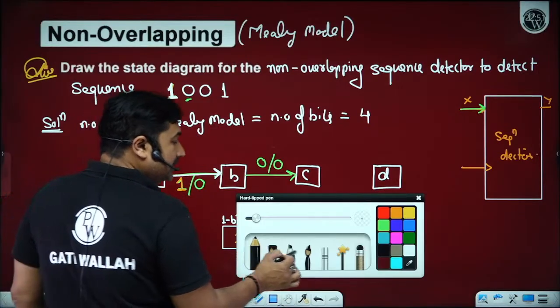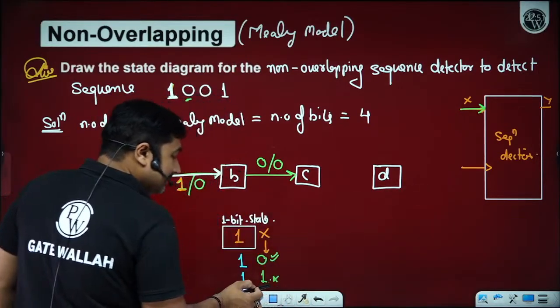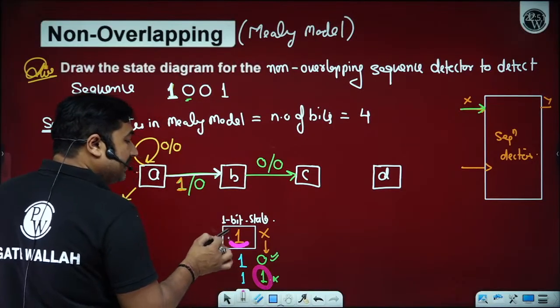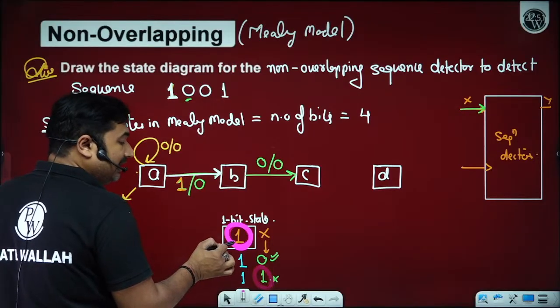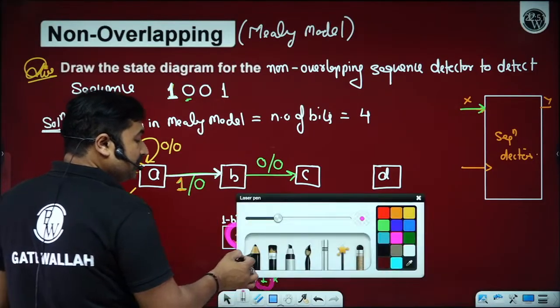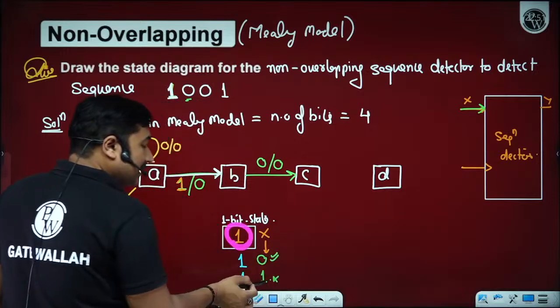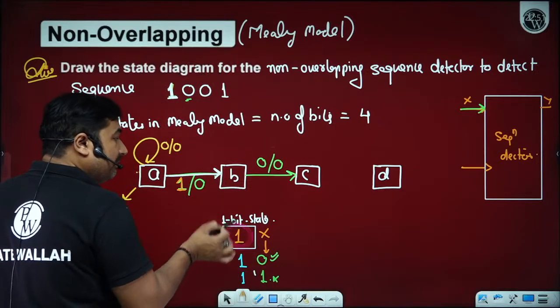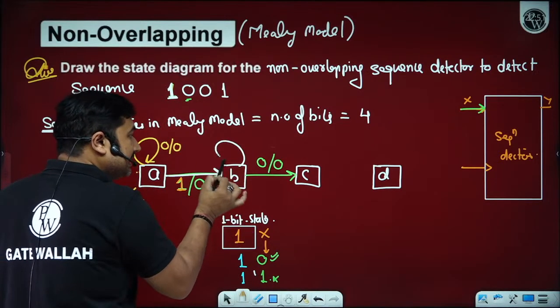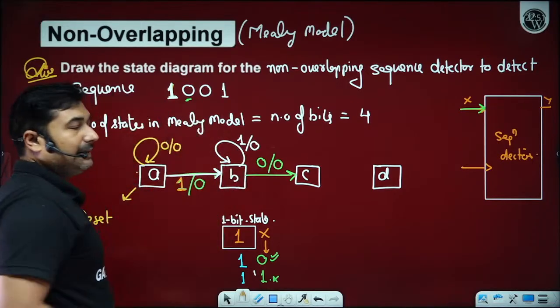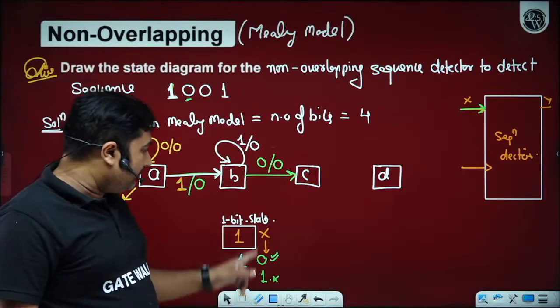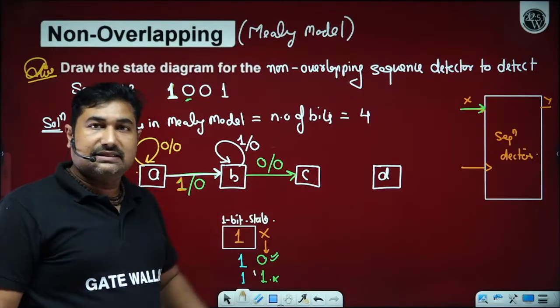Under such a condition, you have to compare this last 1 bit with the 1-bit state. If it matches, stay in state B. Otherwise, go back to reset state. Since the last 1 bit matches with the 1-bit state, remain in state B. So if we are getting 1, we will remain in state B. However, if we are getting 0, we will move to the next state.